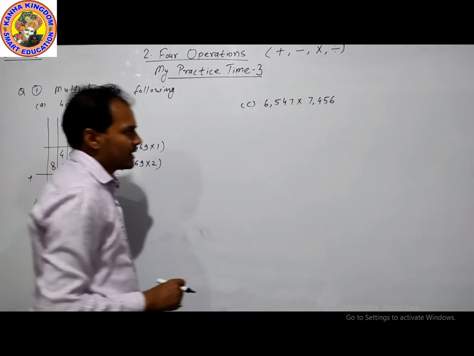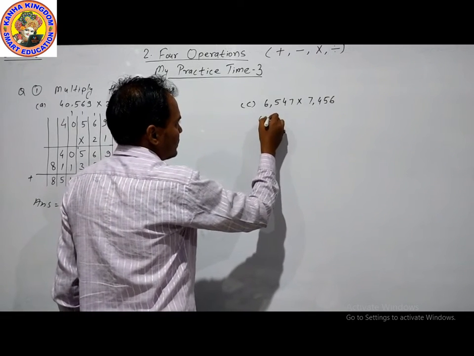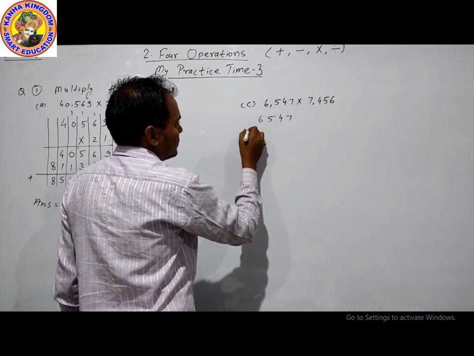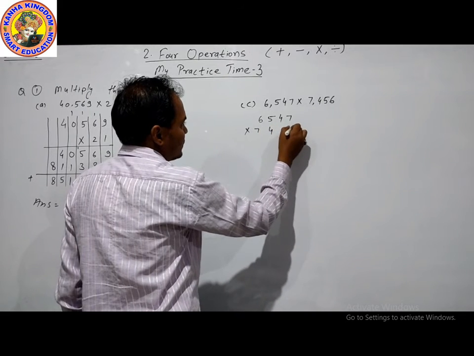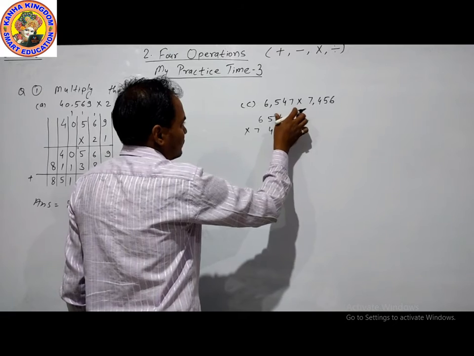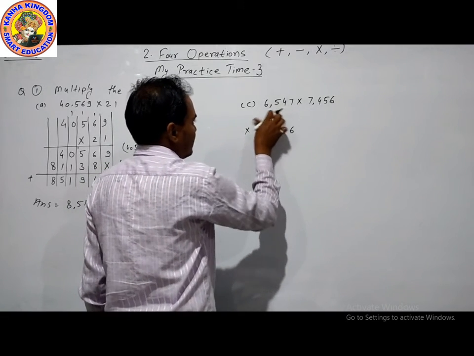Now I am taking part C. 6, 5, 4, 7 multiply by 7, 4, 5, 6. We will draw a table here.